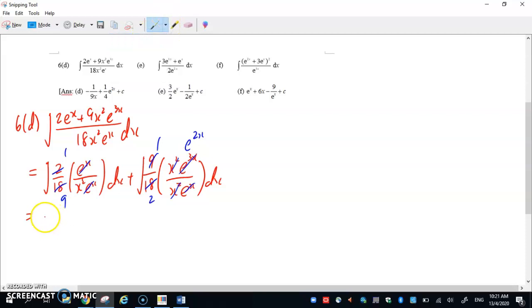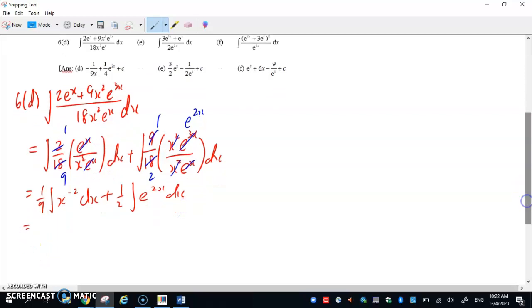Finally what you get is 1 over 9 x to the power minus 2 dx, plus half the integration of e to the power 2x dx. So what's your final answer?